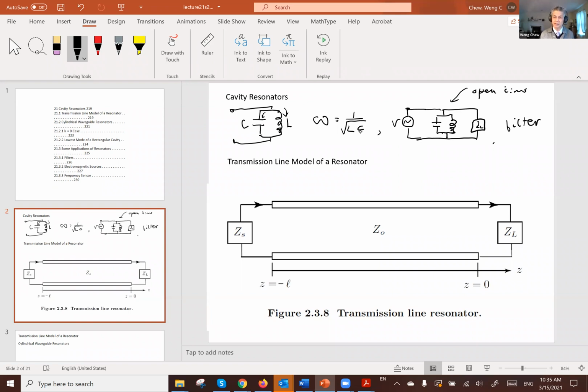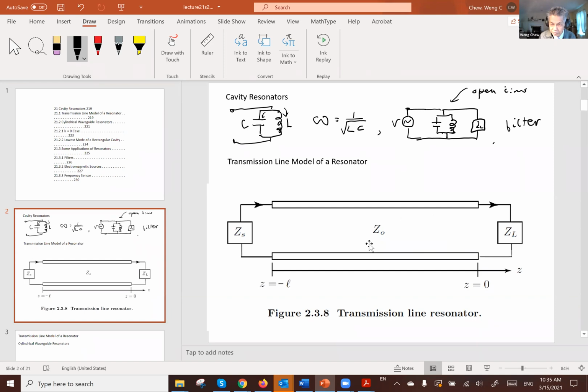And how do we make a resonator out of all the things that we have known now? We can start with the simplest resonator we can make from a transmission line. Just take this figure over here. This is not a source now, this is the impedance of the source, and this is the impedance of the load.